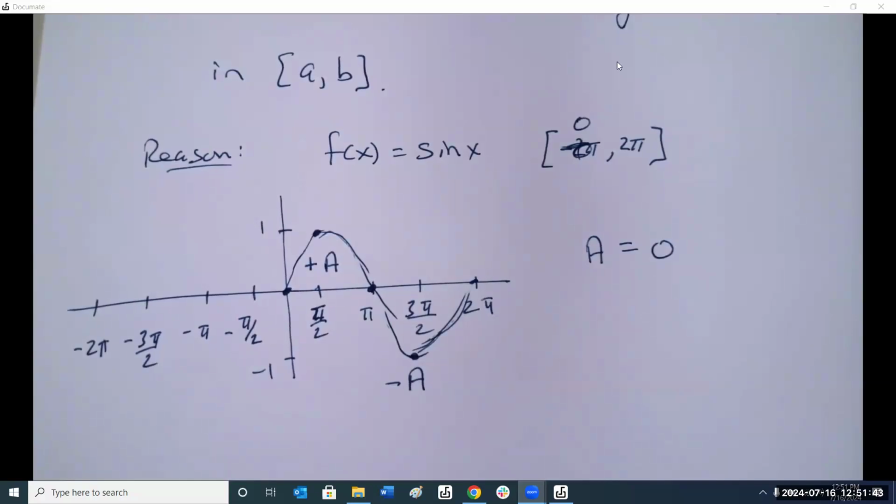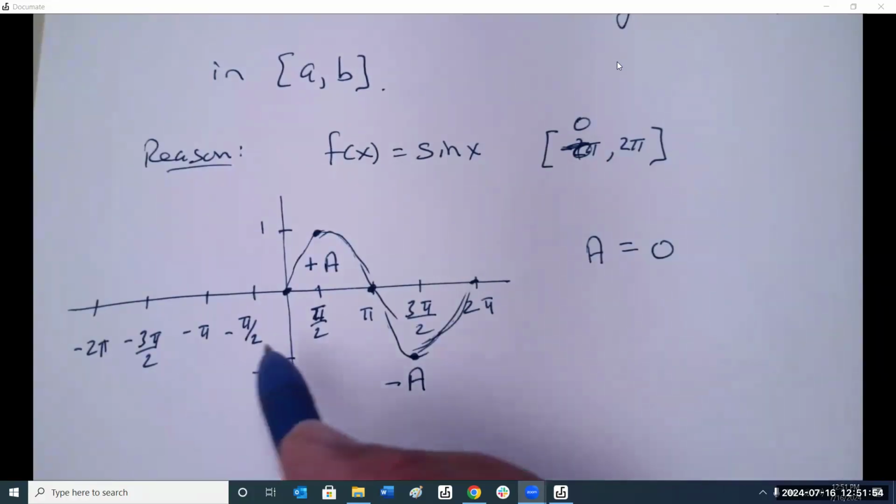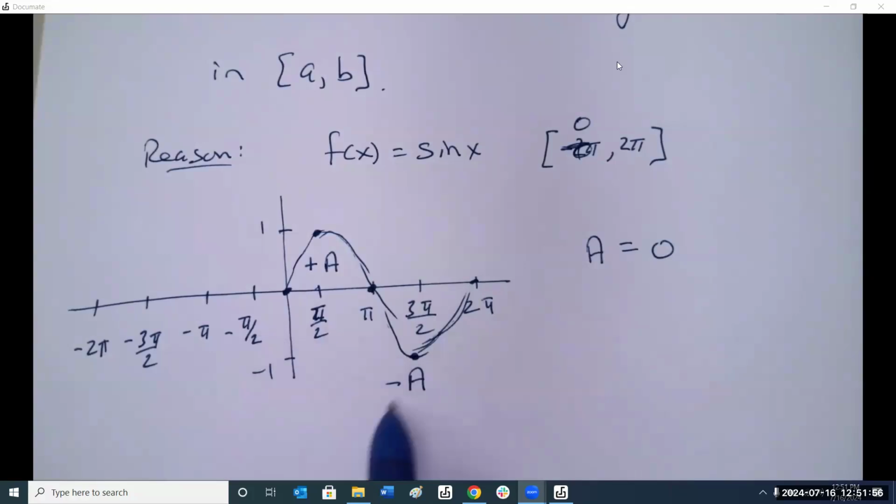So that's why I said, look to see if inside the domain there are any x-intercepts. Because these values down here are all negative. If I shift it up, they're all positive. That's what I mean, you feel that there would be a value that isn't zero. It's above that.